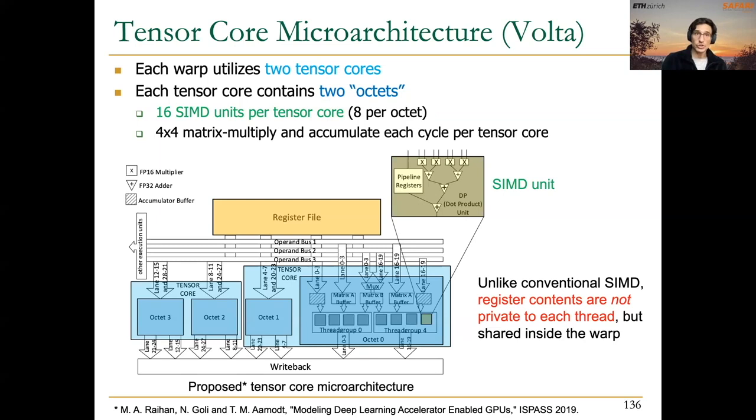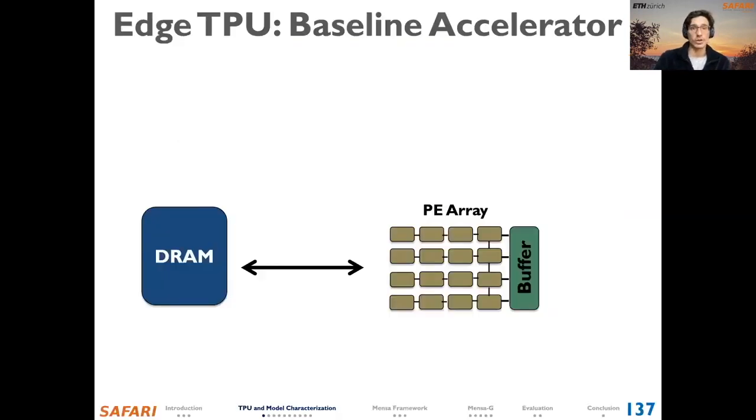As I said, these tensor cores were designed especially for machine learning workloads, but they are not the only specialized processors for machine learning that you have seen in this course. Geraldo, a couple of weeks ago, presented the Mensa work, which is an analysis of the TPU, the tensor processing unit from Google, that is essentially a spatial accelerator for machine learning workloads.